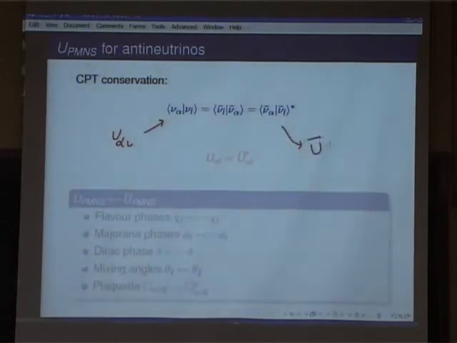This is U bar alpha I. Right? Because what has happened now? Instead of nu I and nu alpha, we have got nu I bar and nu alpha bar. Okay? So what I have got now is that U alpha I is just U bar alpha I complex conjugate. This is the same.